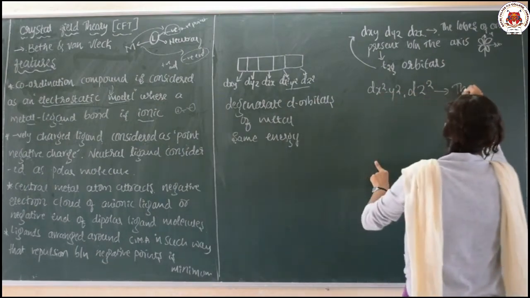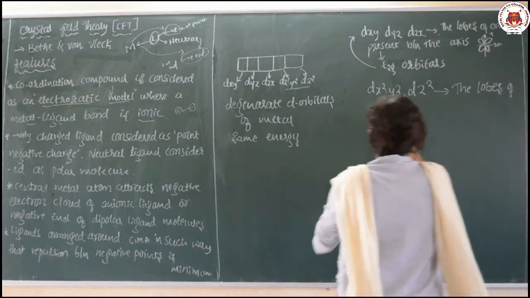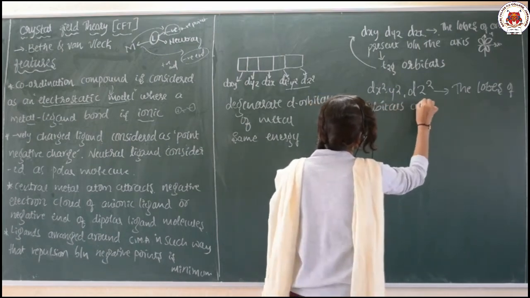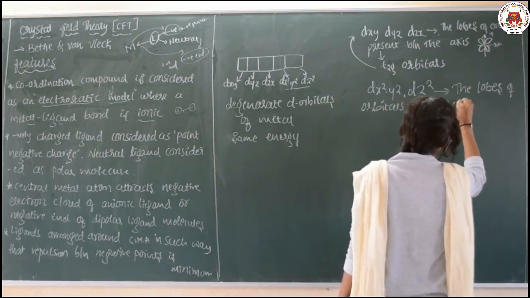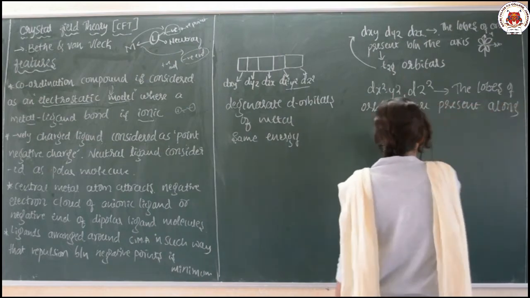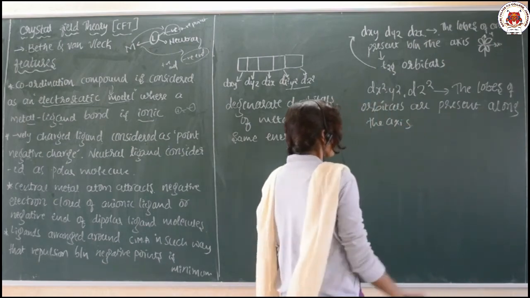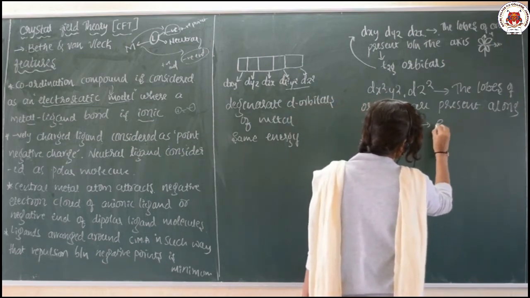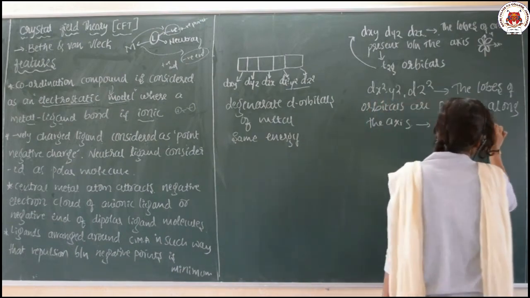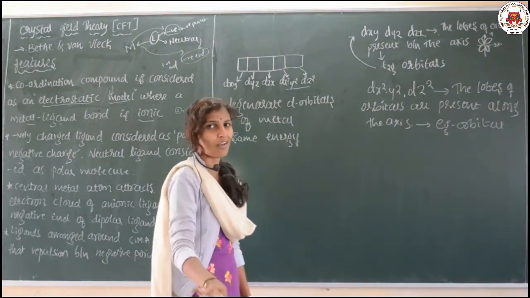Here the lobes of the orbitals are present along the axis, and according to spectroscopy, this is the eg orbital. Are you getting?